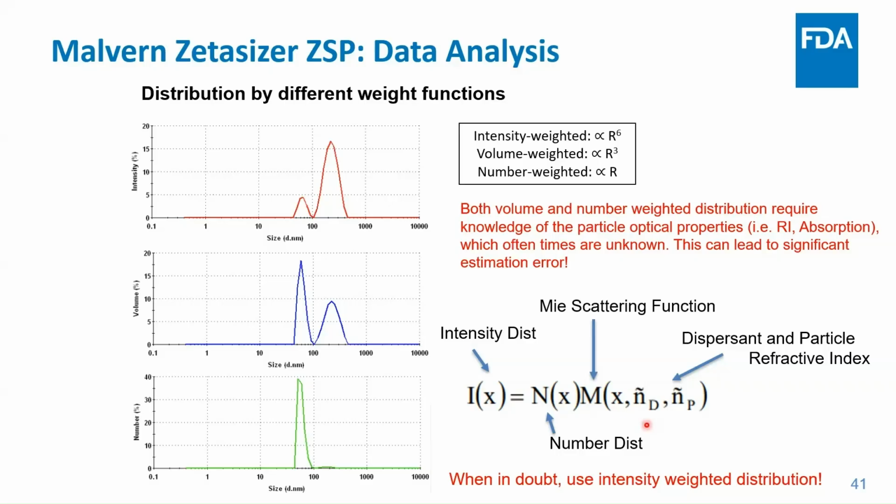It assumes a uniform refractive index for the particle, an imaginary part to the refractive index, which is the absorption coefficient. And so, whenever you're converting from the initial intensity down to the number, you need to be careful about what values you put into the system to do that. And I'm just going to show you a couple more examples here in the last couple minutes of this section.